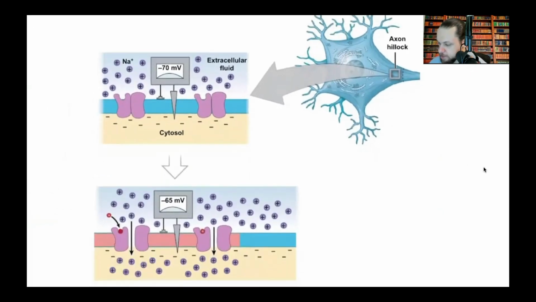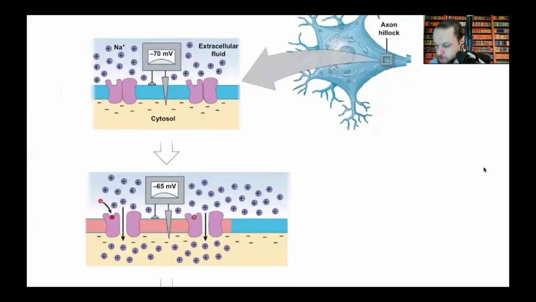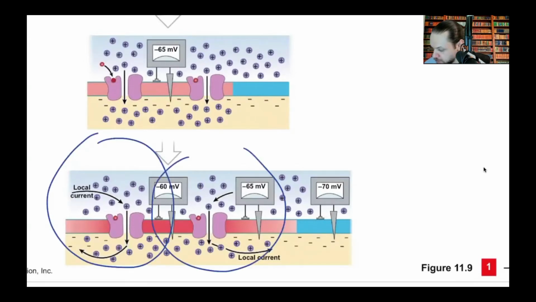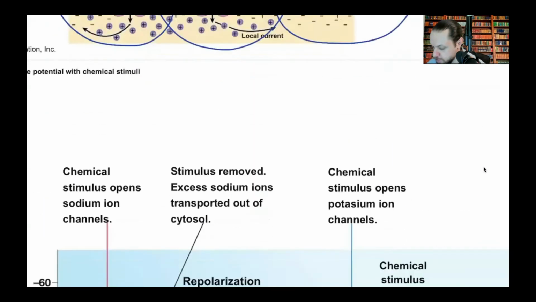Here they show you essentially the axon hillock, the top portion, leads to the axon, and it depolarizes. As I was saying, it goes from one patch to another. So let's say this was one patch, this was another patch, right? And it moves from patch to patch, using depolarization and repolarization, right?